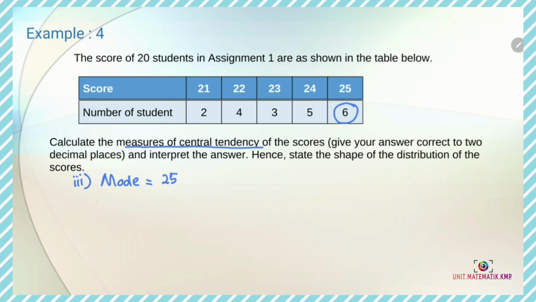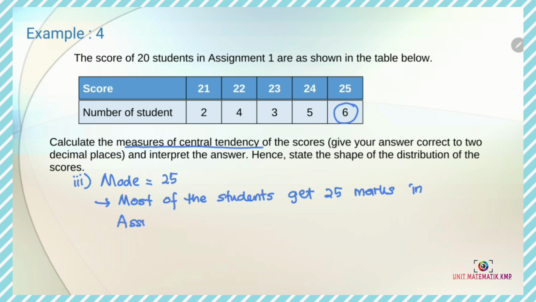For the interpretation, most of the students get 25 marks in assignment 1.